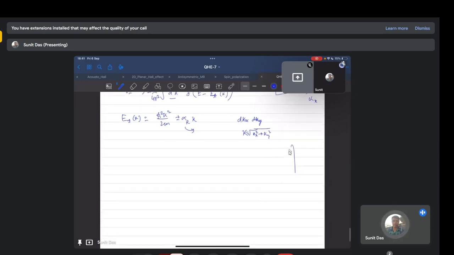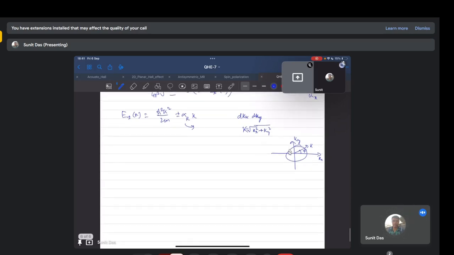So now if I take a 2D polar coordinate system where this is ky, this is kx, and somewhere this is, let's say, k, and this is phi, the polar angle, then we can write kx as k cos phi, and ky as k sin phi, right?